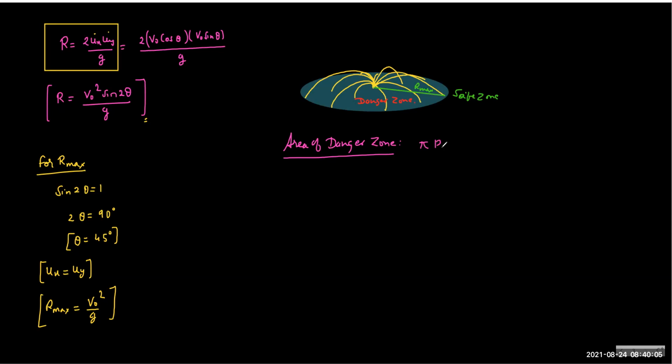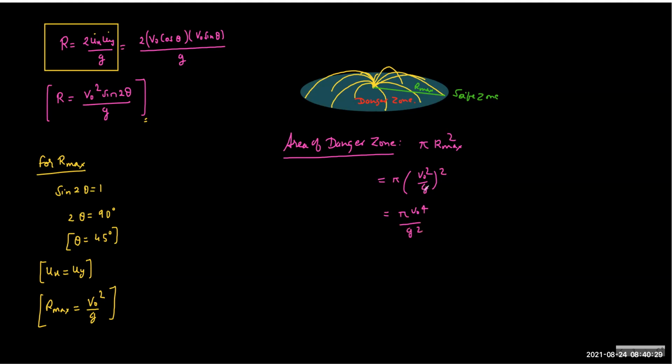Correct. So it is pi R max whole square. Yeah, of course it's a circle. Everything will fall on the ground, so it's a circular patch on which things are in danger. So of course the answer is pi times v naught square by g, whole square, and it turns out to be pi v naught power 4 by g square.